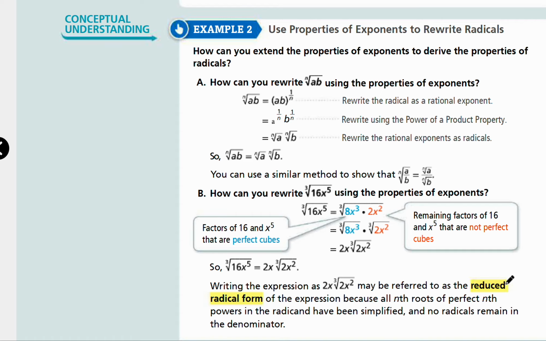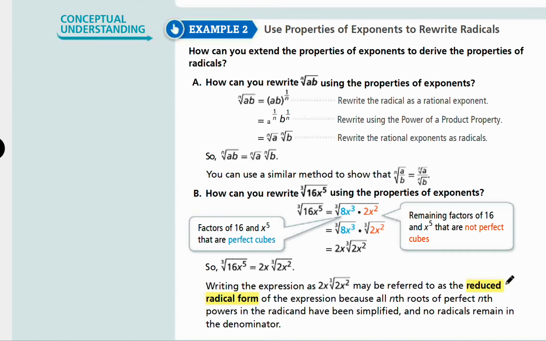Use properties of exponents to rewrite radicals. So how can you extend the properties of exponents to derive the properties of radicals? So let's look at this example 2a. How can you rewrite nth root of ab using the properties of exponents? So we want to be able to rewrite this into different form.